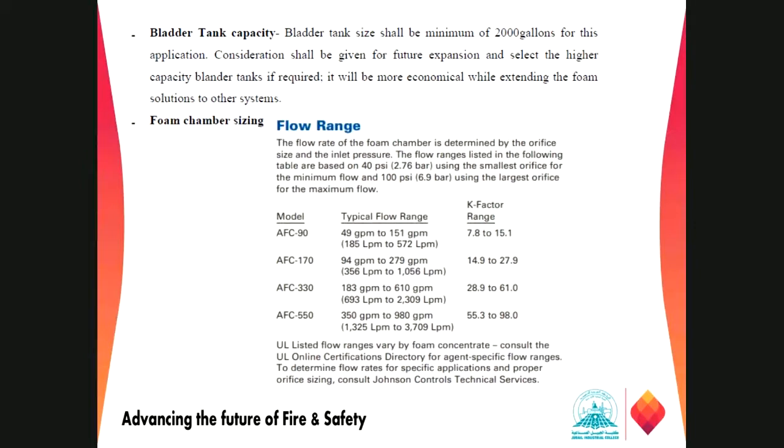For the 566 requirement, the best solution is around AFC 330, because this can supply the foam solution at around 610 GPM maximum. So this model we can select for our project for this requirement. And the K factor should be between 28.9 and all the way up to 61.0.